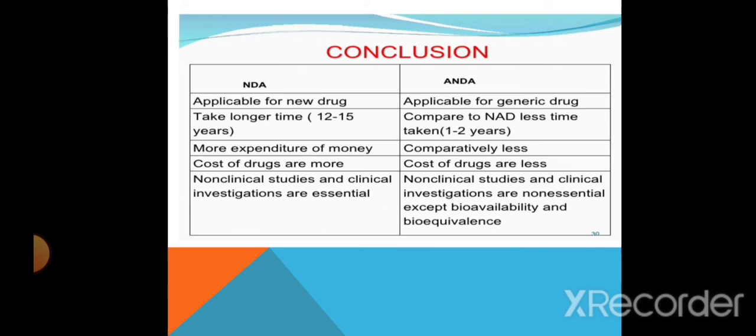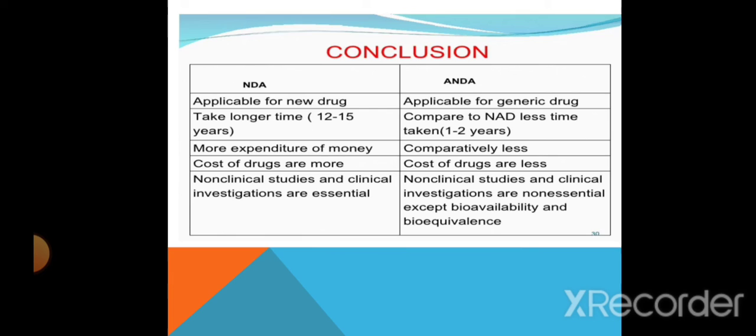NDA involves more expenditure of money. Comparatively, ANDA is less expensive. The cost of patented drugs is more. Why is the cost of patented drugs more? As they take a longer time and they do the clinical and preclinical studies, various phases.